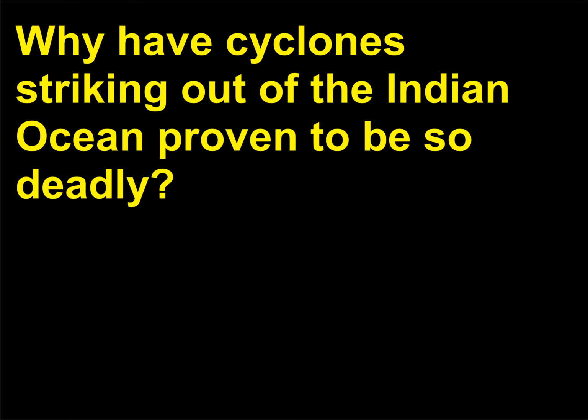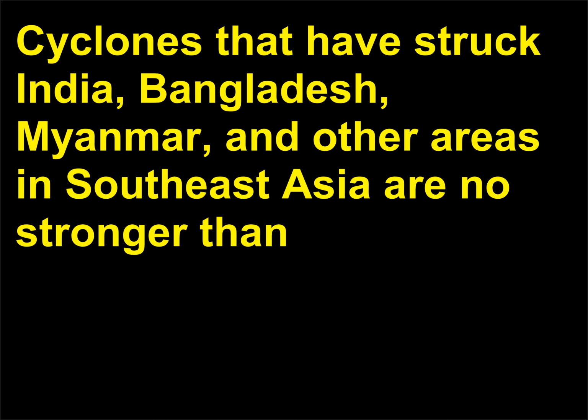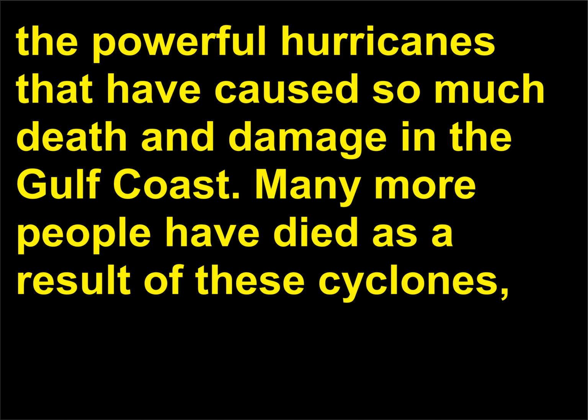Why have cyclones striking out of the Indian Ocean proven to be so deadly? Cyclones that have struck India, Bangladesh, Myanmar, and other areas in Southeast Asia are no stronger than the powerful hurricanes that have caused so much death and damage in the Gulf Coast.